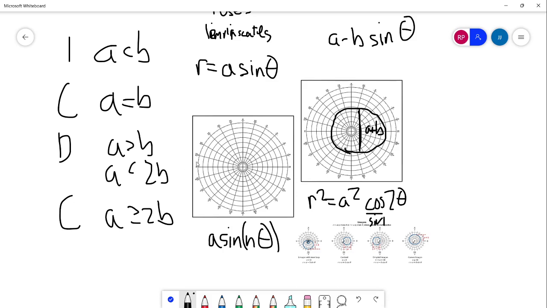It's centered around 0 and pi. For the sine one, it's going to be centered around pi over 4. And it's just like a 2-petaled rose. You have a squared, so you have to watch out for that, because usually all you see in the equation is r squared, since a squared is a numerical value.